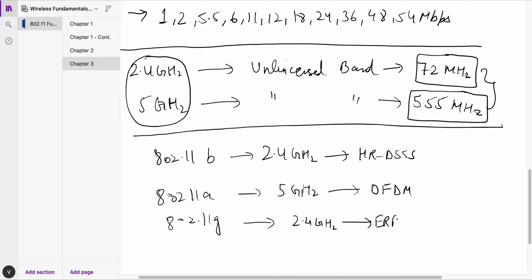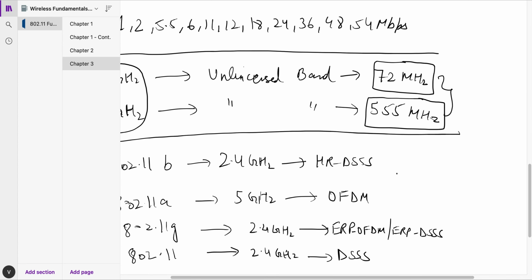Supports ERP OFDM and ERP DSSS. Before that, there was something called Legacy, which was also on 2.4 gigahertz, supported only DSSS.